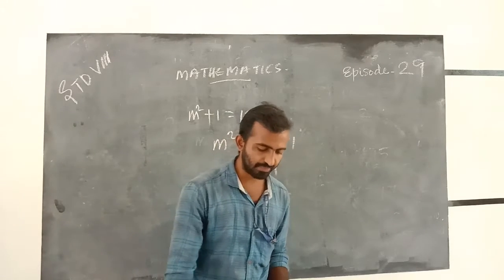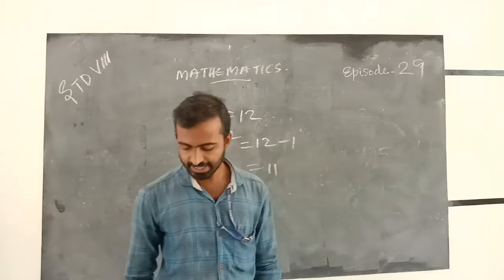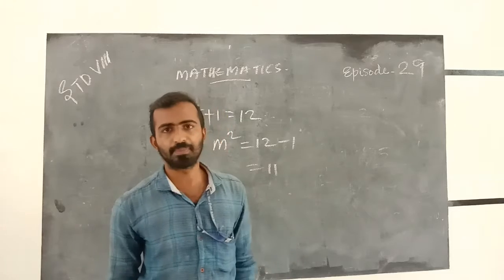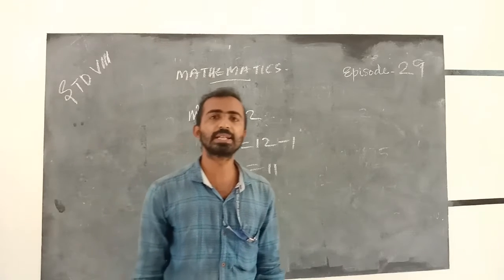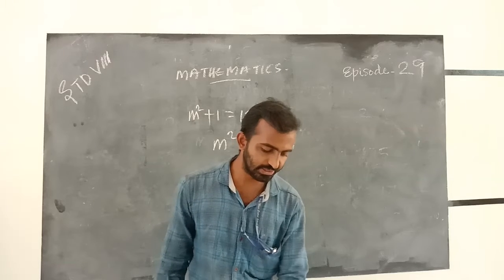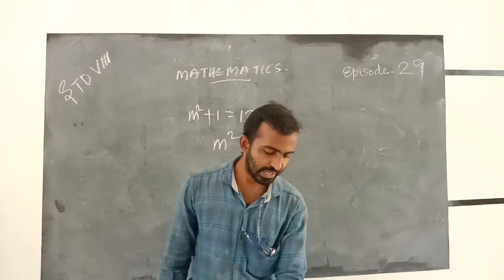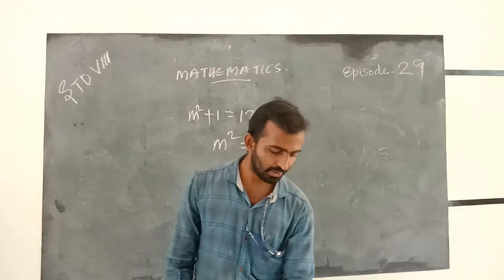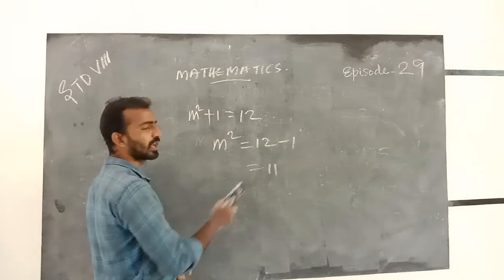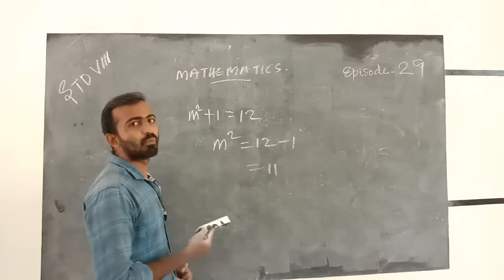If it is possible, m equal to root of 13, the square root. That will not give an integer value of m. So this is not possible. We did not get an answer.